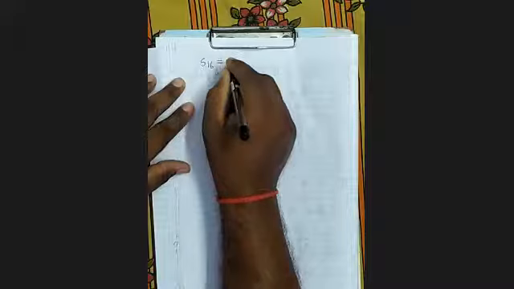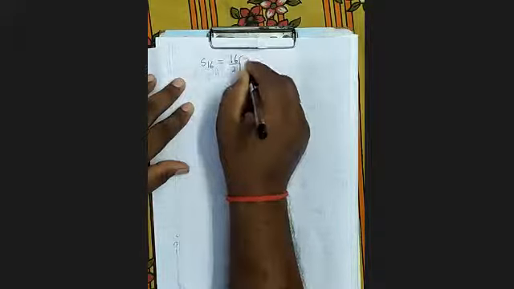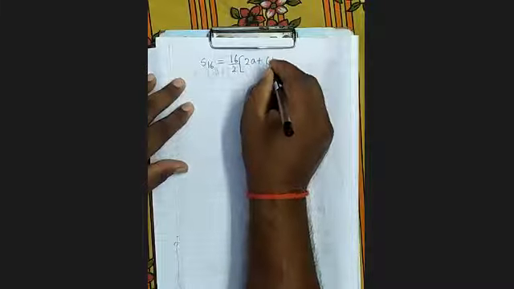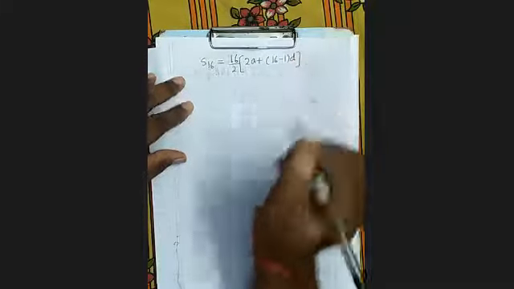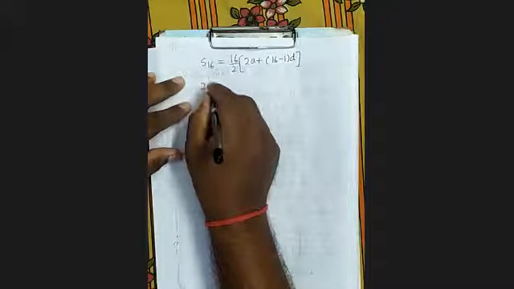Now similarly S16. What will be the S16? So in S16, n will be 16. 16 upon 2 (2a plus, in place of n you can write 16 minus 1, into d). So S16 is 256.